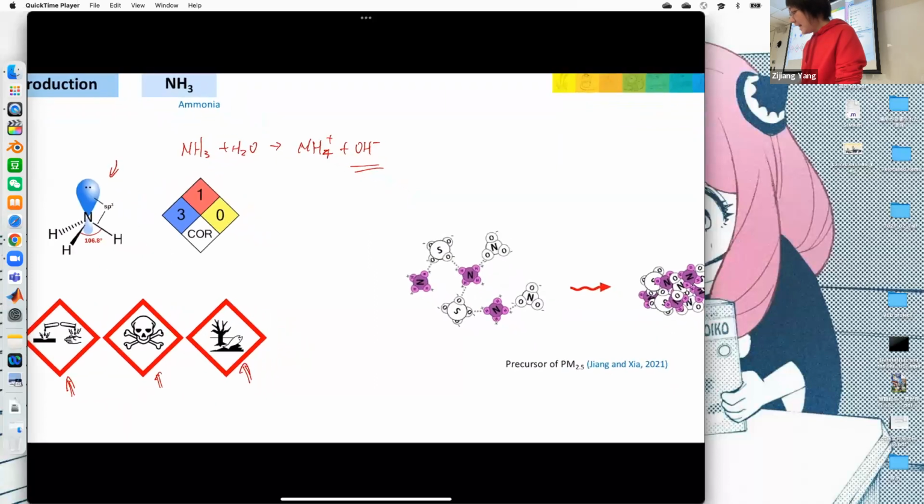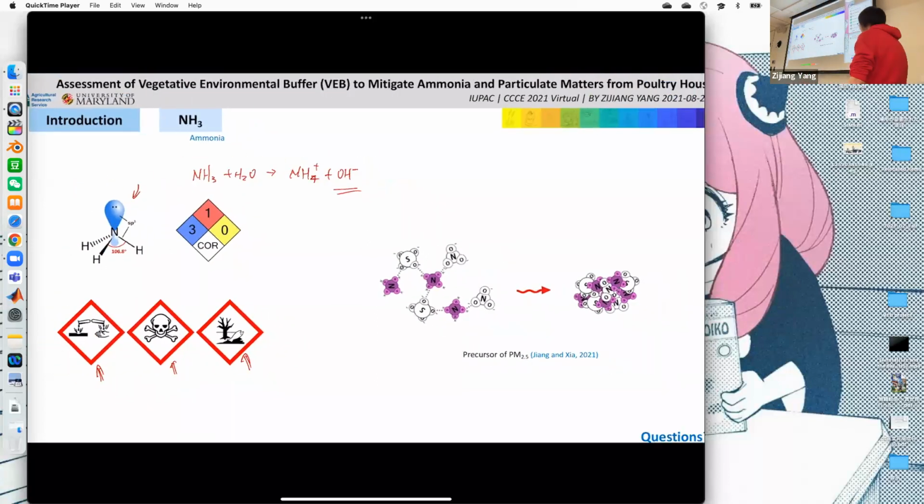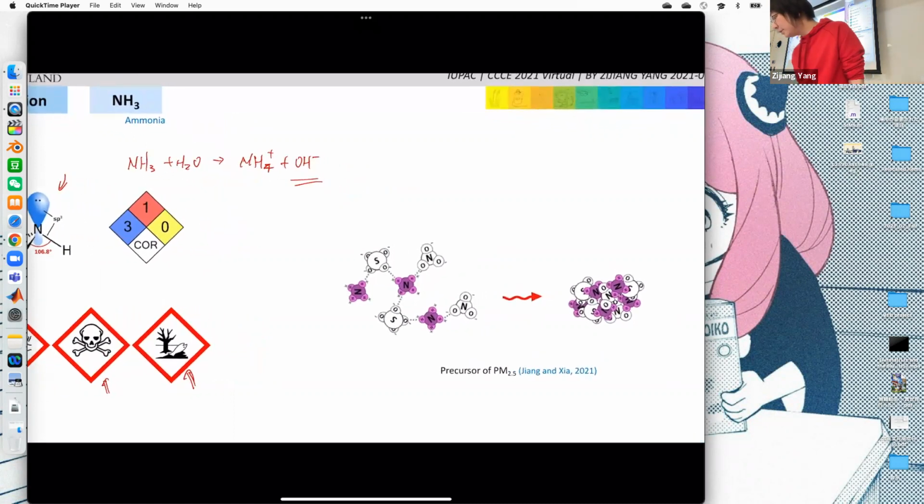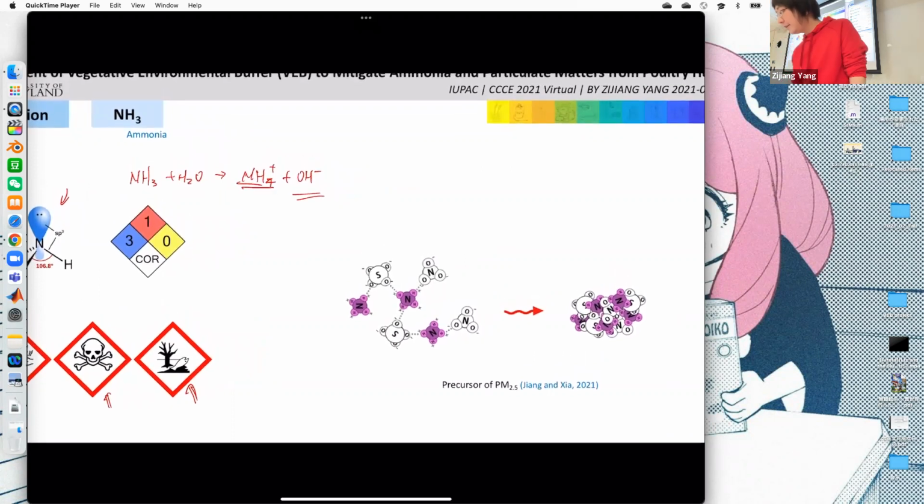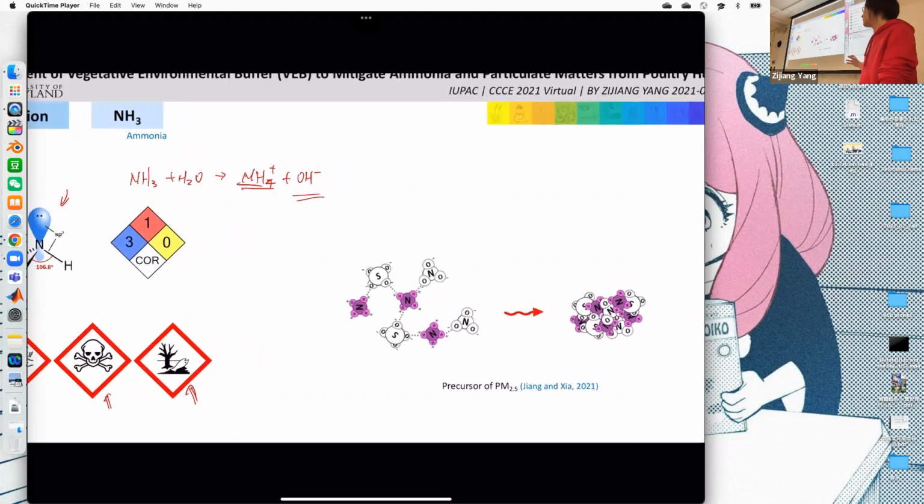On the other hand, ammonia in the atmosphere is a precursor of PM2.5. In general, when ammonia reacts with water drops in the atmosphere, we will have ammonium, which we know is positively charged. Also, in these small water drops, we have sulfuric acid and nitric acid.